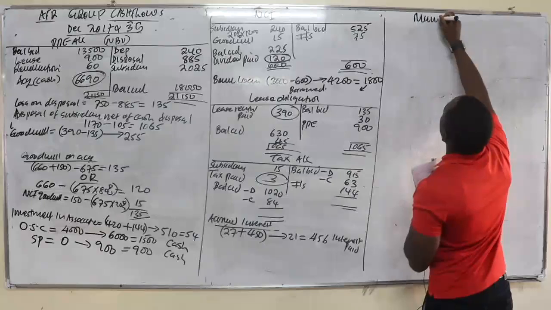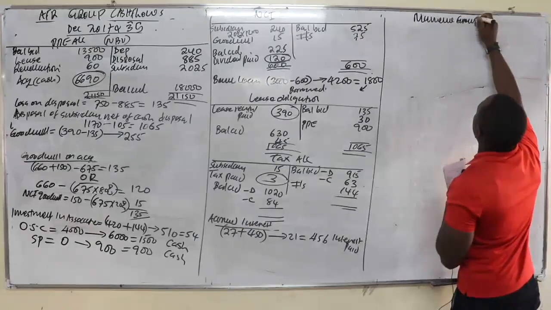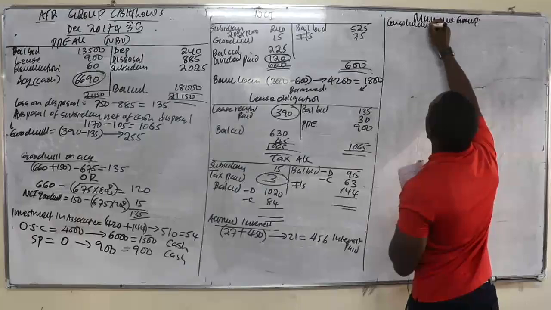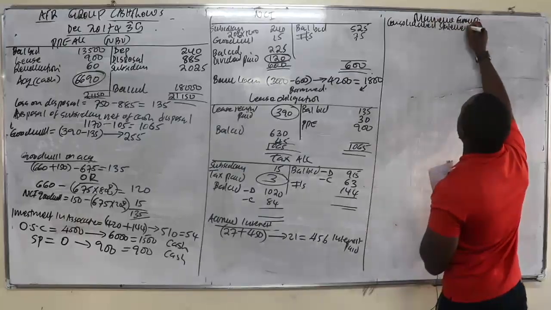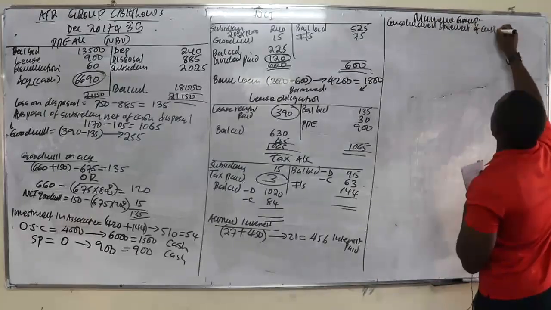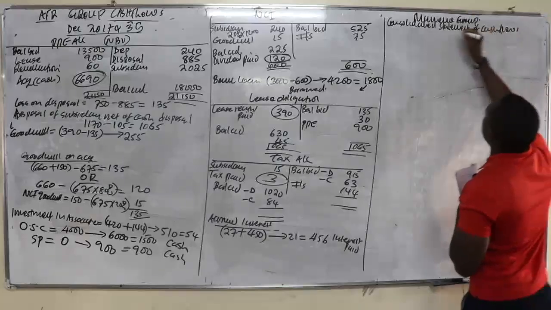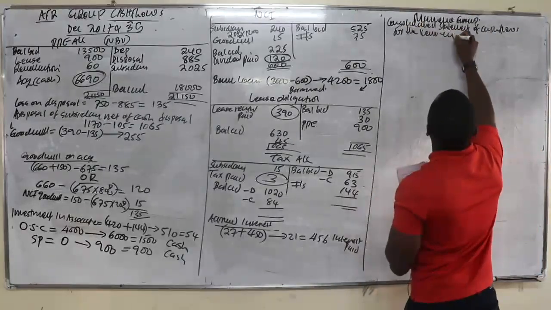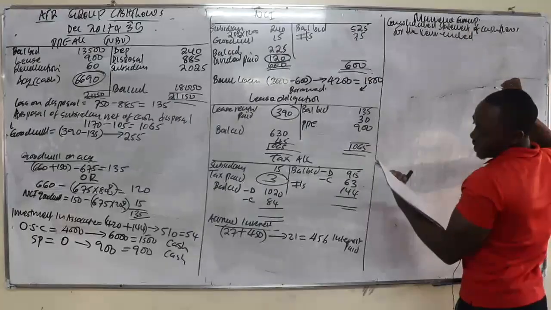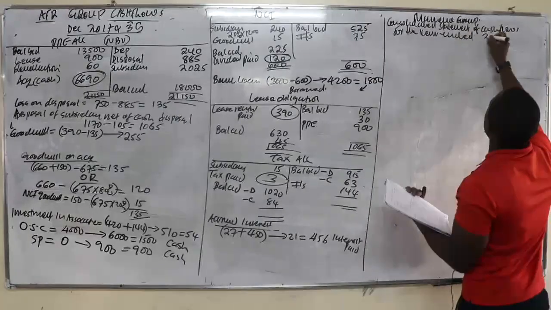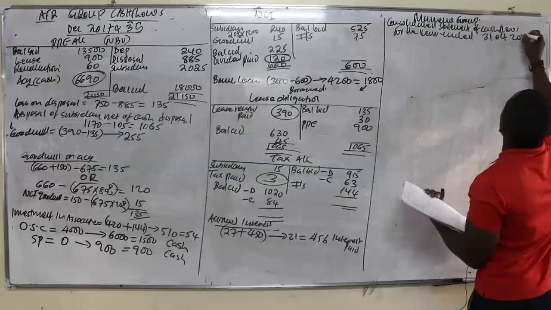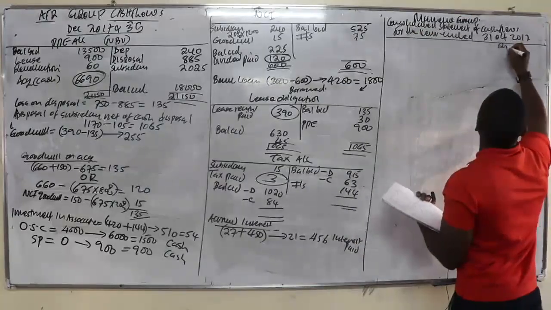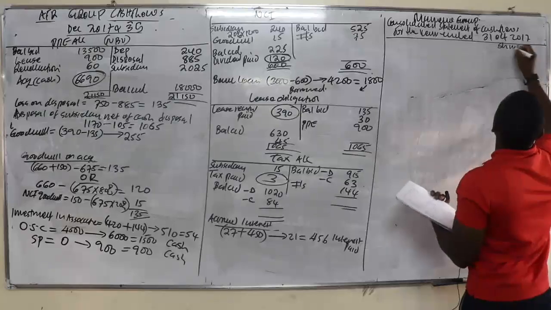Group consolidated statement of cash flows for the year ended. When is the year ending? 31st October 2017. We said which method? Good. Indirect.